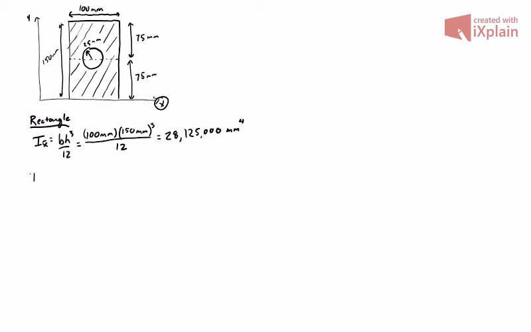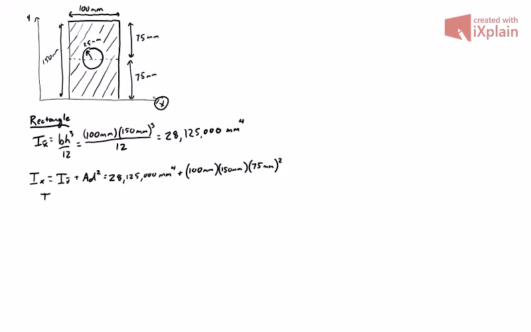Next up, we're not rotating about the centroidal x-axis, we're rotating about the given x-axis, so we have to use the parallel axis theorem. The moment of inertia is equal to the moment of inertia about the centroidal x-axis plus the area times the distance squared. So that's 28,125,000 millimeters to the fourth plus the area, which is 100 millimeters by 150 millimeters, and then the distance of that shift is 75 millimeters squared.